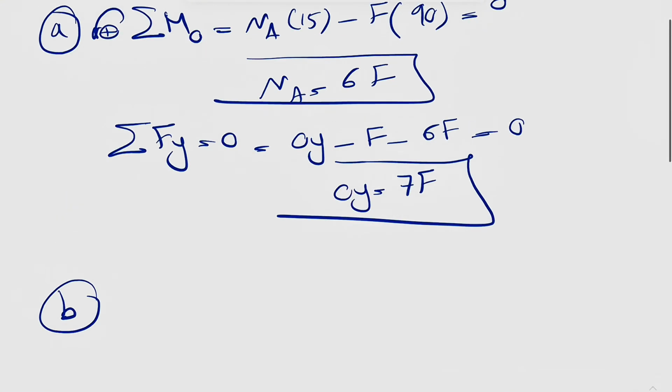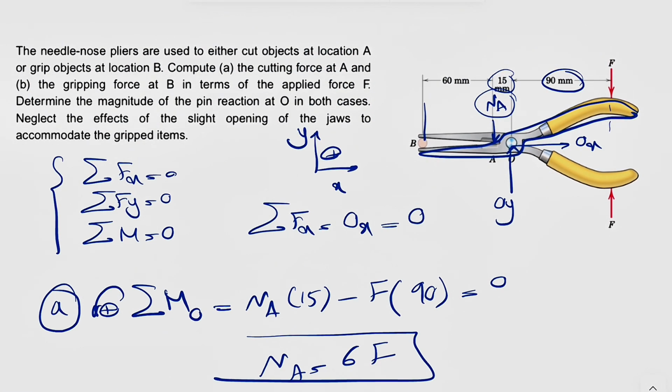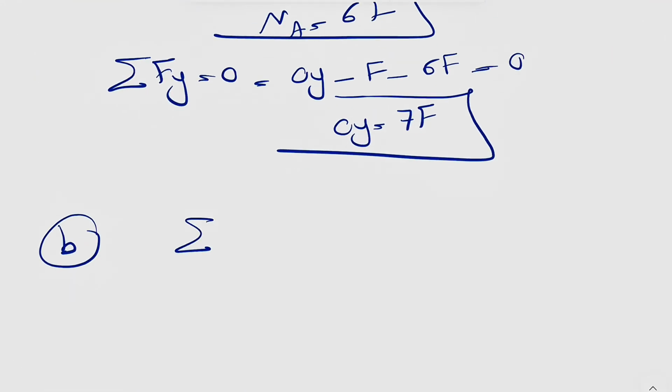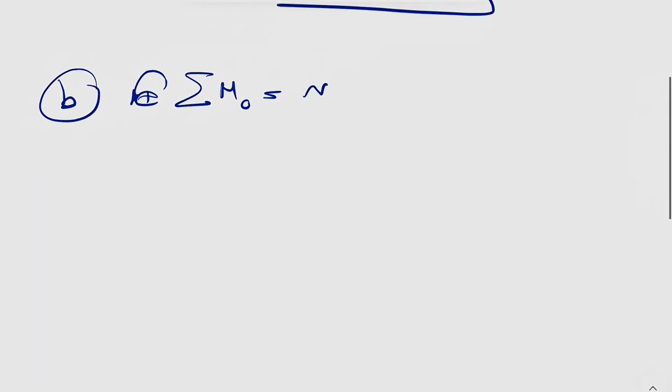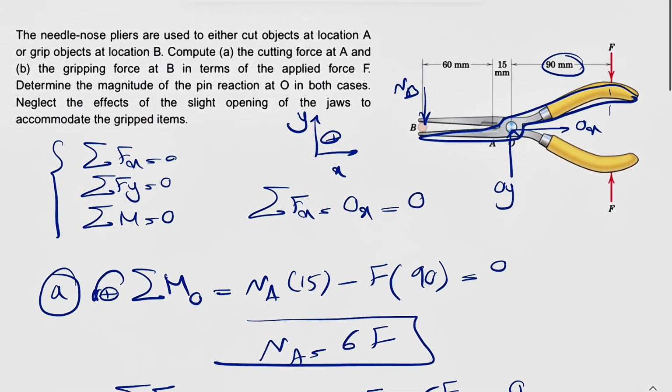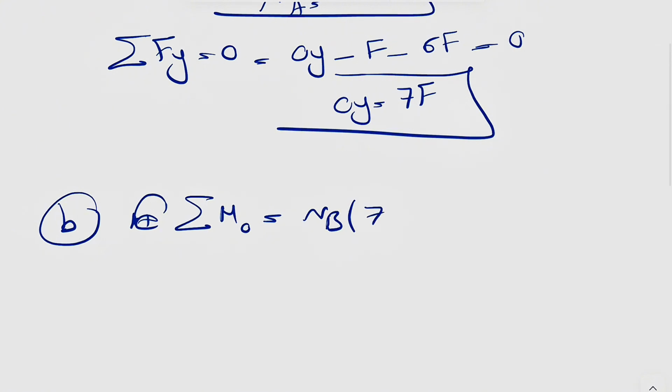For the B part, we're going to have a very similar story, just we don't have that NA. We're going to have the NB this time. So I'm just going to clean up the NA. And we can do the same thing: sum of all moments about point O, counterclockwise positive. Again, we have the moment of NB counterclockwise, so NB times the distance from B to O, which is 60 plus 15, that would be 75.